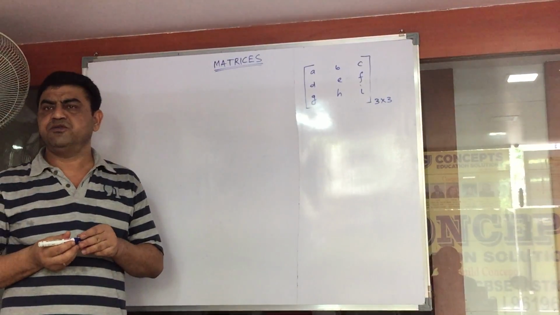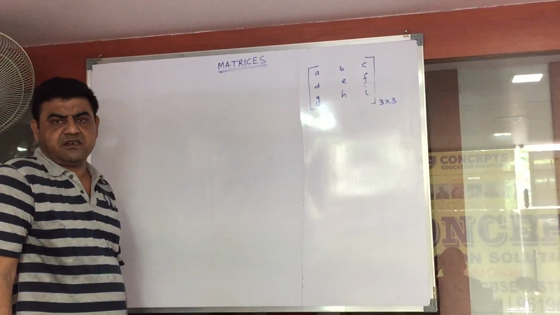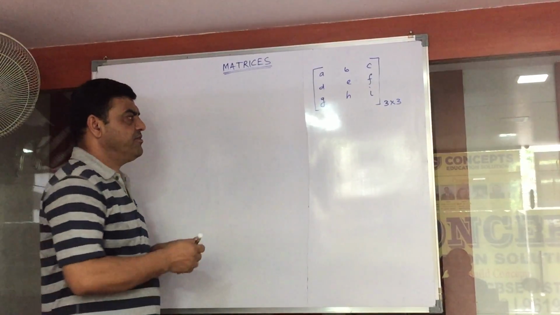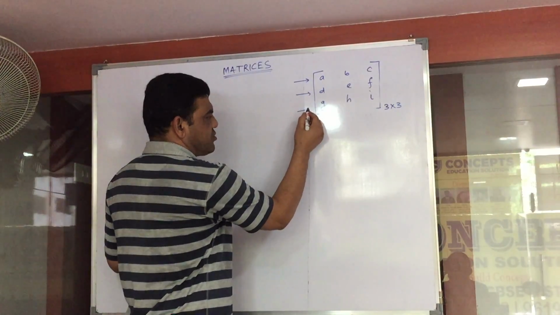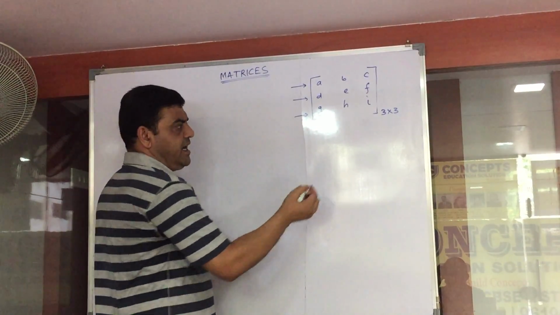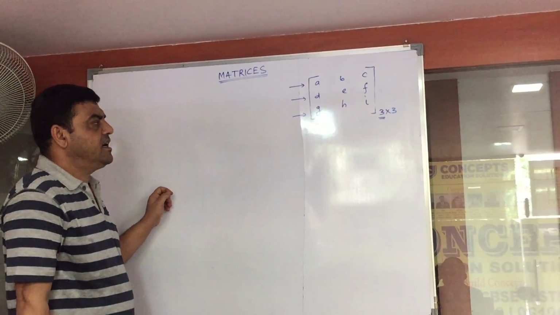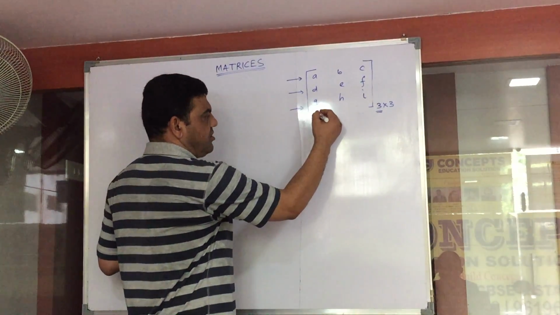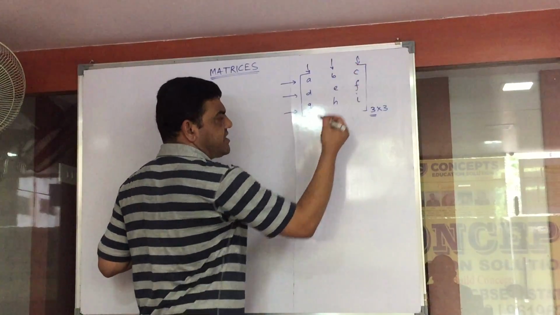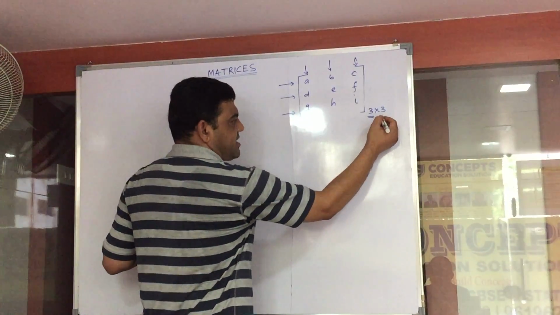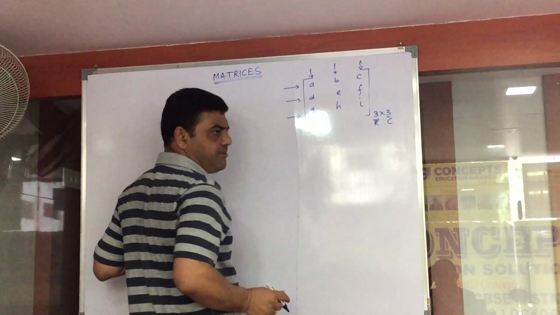As I use the pattern of designating a matrix, we call these rows, and the number of rows in that matrix comes first, and then these are columns. So here we have 3 columns. The first one stands for row and the second one stands for column.